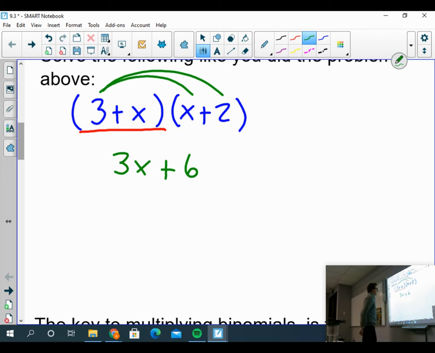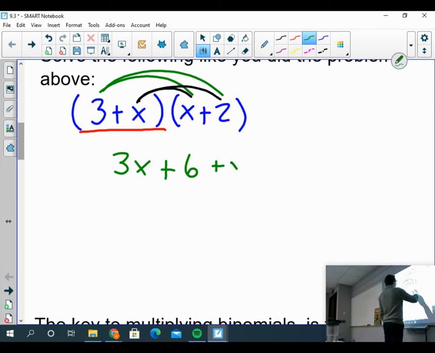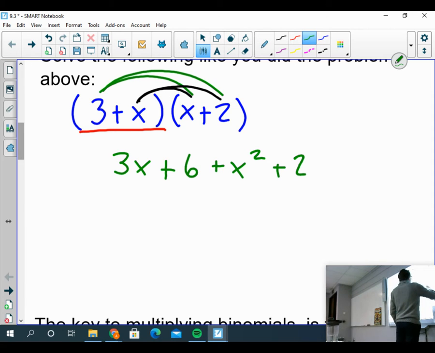plus 6. But I'm not finished there because, again, I don't have a monomial, I have a binomial. So I also need to distribute the x to both terms in the second binomial. I need to do x times x to get x squared, and I need to do x times 2 to get 2x. Okay?